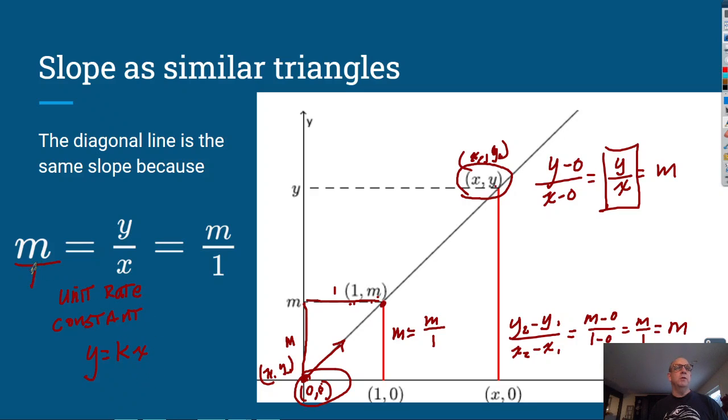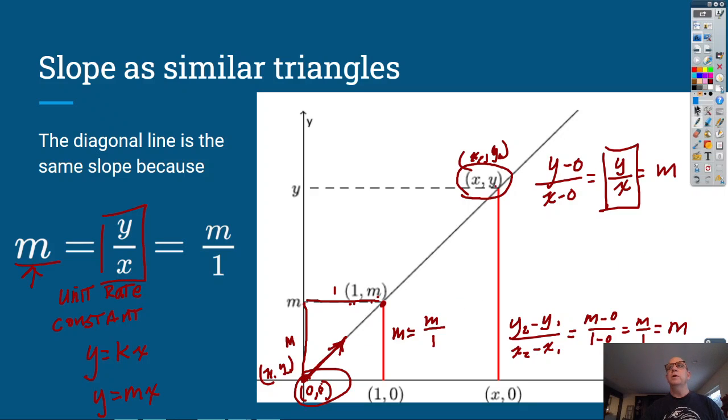Well, now we know the constant, which is y over x, is also the slope. So we can rewrite this as y equals mx, m being the slope of this line.